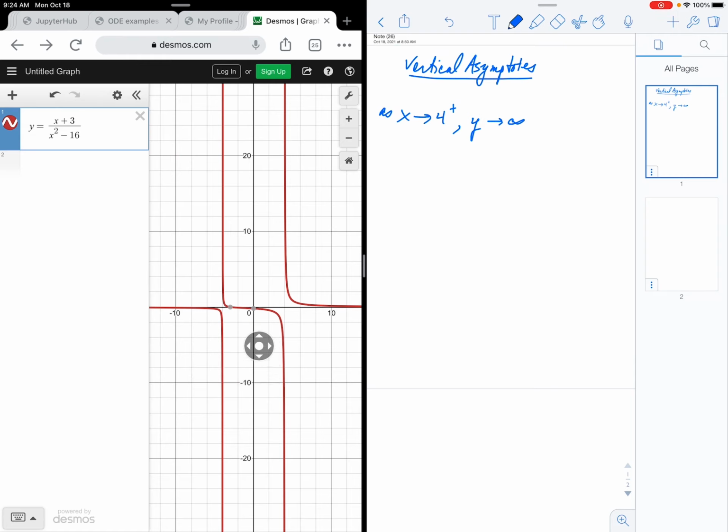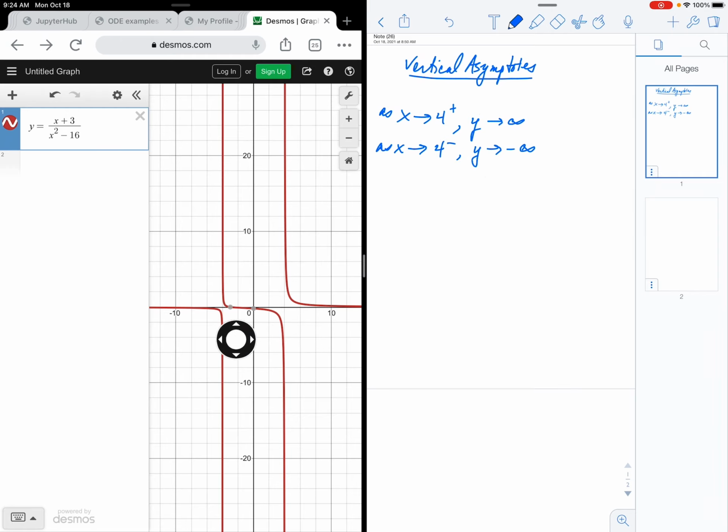So we write that as x approaches 4 from values less than 4, from the left, the y-coordinate goes towards negative infinity. That's how we describe that graphical behavior.